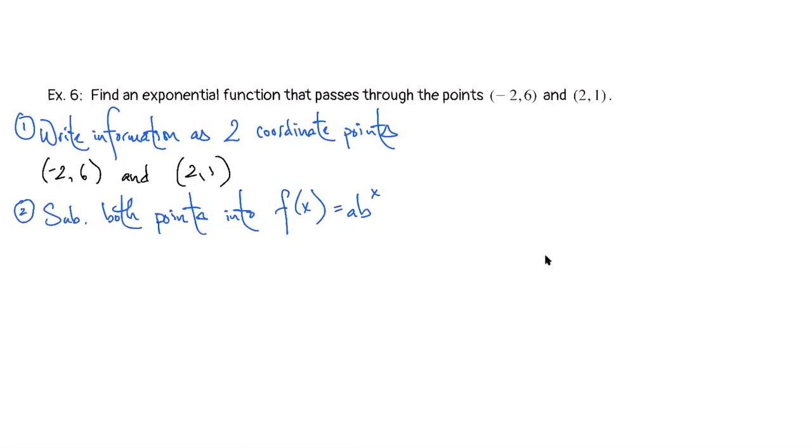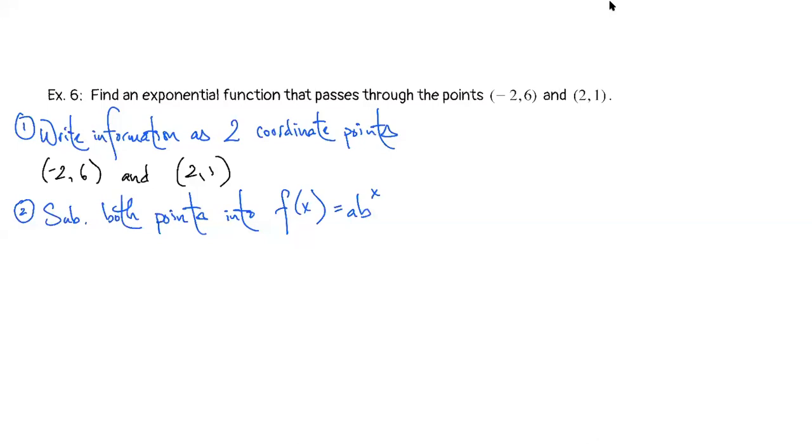When I take the point -2, 6, which one of those point numbers goes in for x and which one goes in for f of x? Yeah, the first one is the x and the second one is the y.